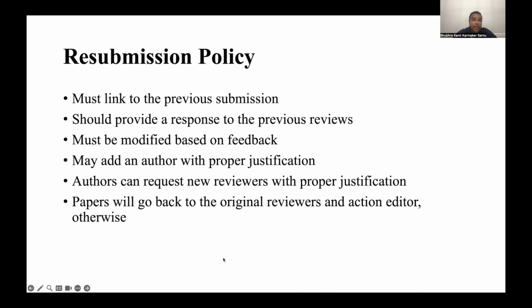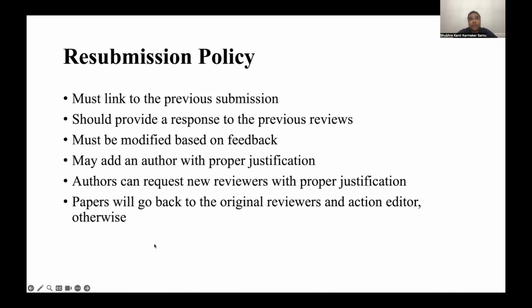And then each resubmission should provide a response to the previous round reviews, and the submission must be modified based on the feedback. You cannot just directly submit an identical copy of the previous submission without any modification.